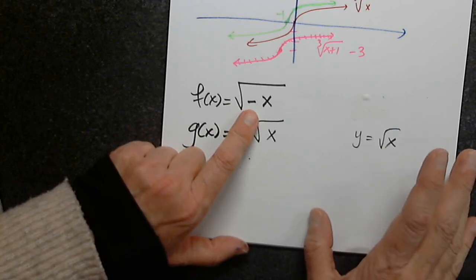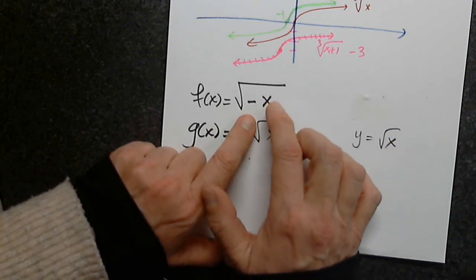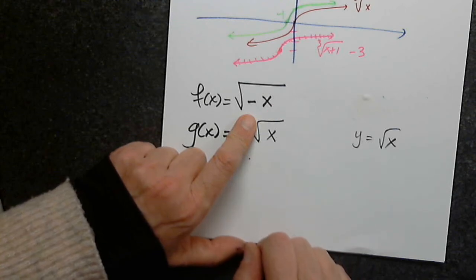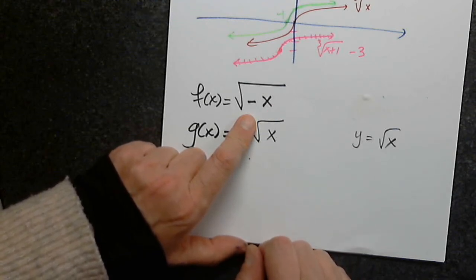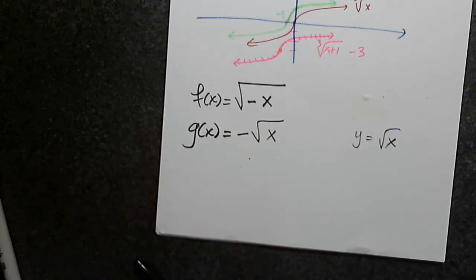So my question is, from x to negative x, is that a change in x or a change in y? Of course. So here's what we're trying to do now. From x to negative x. What am I doing to the graph this time?